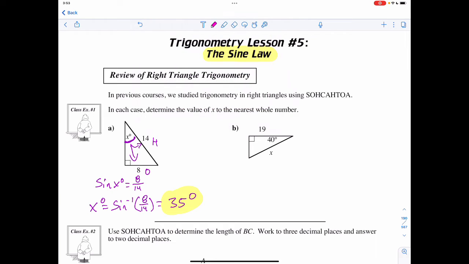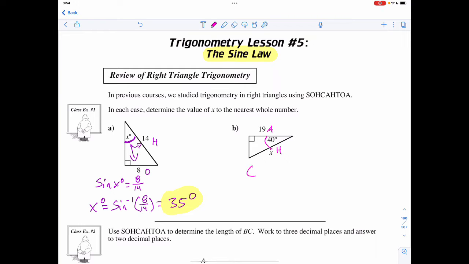At the same rate, if I know the angle, then I know what the ratio is, and I know one of the side lengths, I can use that to solve another side length. So I know the angle, I know what the adjacent side length is, and I'm trying to solve the hypotenuse. The only trig ratio that has adjacent and hypotenuse is going to be cos.